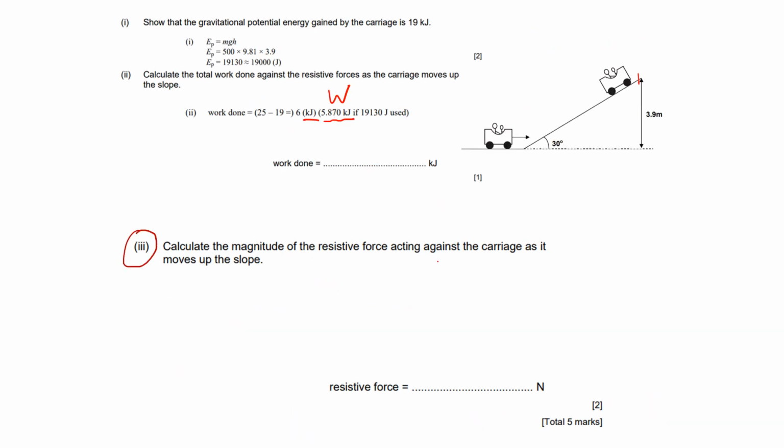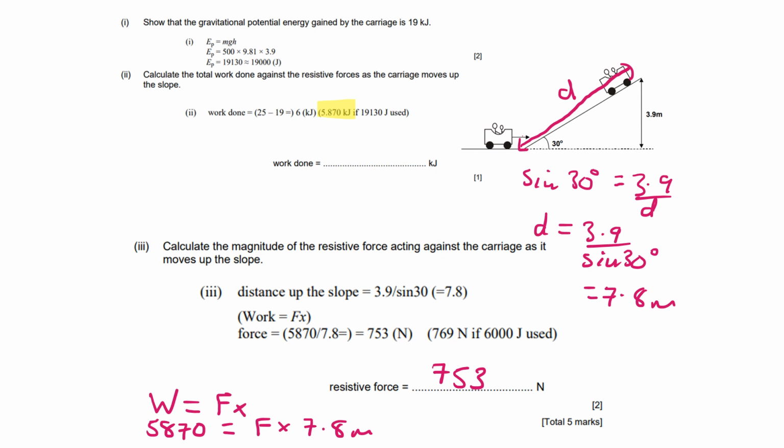Now on to part 3. Calculate the magnitude of the resistive force acting against the carriage as it moves up the slope. And the first thing to do here is to use a little bit of trigonometry to find the length of the slope, D. And we've got the opposite to the angle 30 there.